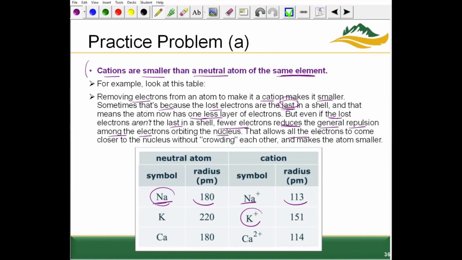That allows for the electrons to come closer towards the nucleus without that crowding of multiple negatively charged electrons nearby one another. Less electrons, so the cations, will be a smaller atom compared to the neutral form of the atom.